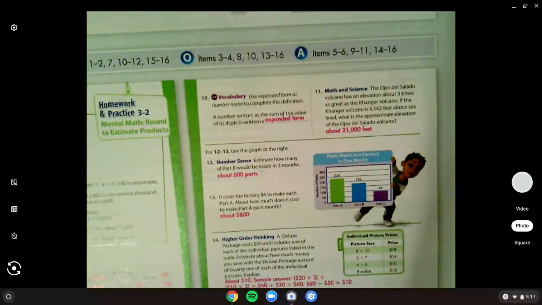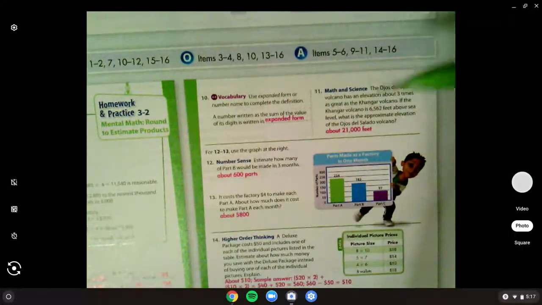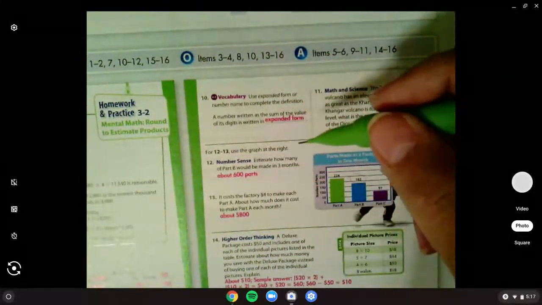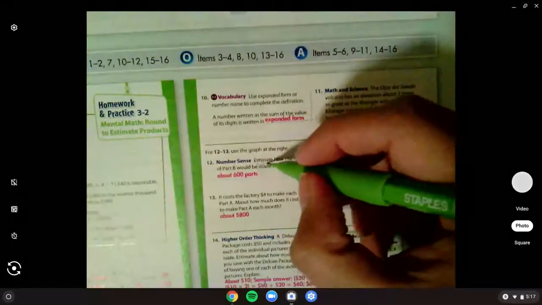It wanted you to say that expanded form is when we write the sum of the value of the digits. It's when it's expanded form. Number 12 wanted you to use part B's number, that 182, and then for 3 months, because this is how many in 1 month. So 182, we want to estimate.